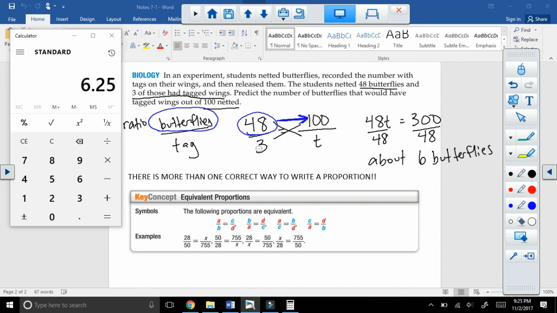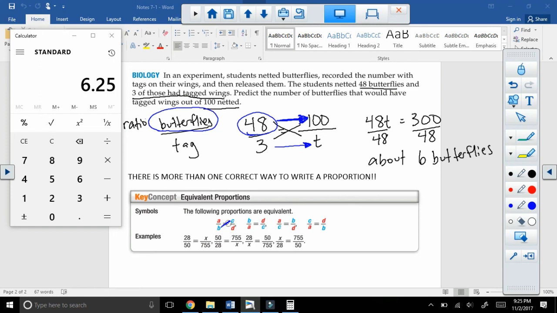And because I had the number of tagged butterflies, I'd have to line that up with the number that were tagged down there. But there are definitely more than one way, and this down here illustrates it for you. All of these ratios would be equivalent, and the easiest way to tell if they're equivalent is that if you're cross multiplying the same numbers, you're going to get the same answer.